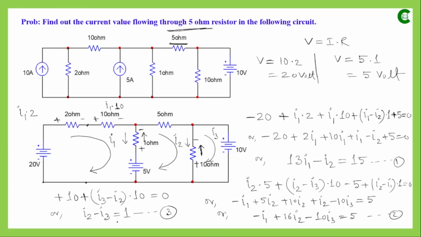This equation is associated with I2 and I3, but finally we want I2, so from the third equation we can represent I3 in terms of I2. The relationship we get is I3 equals I2 minus 1.